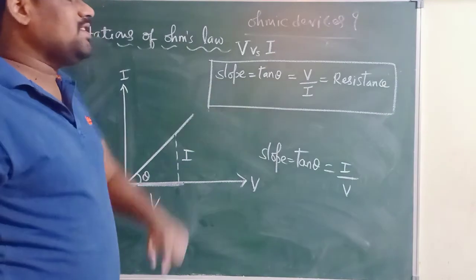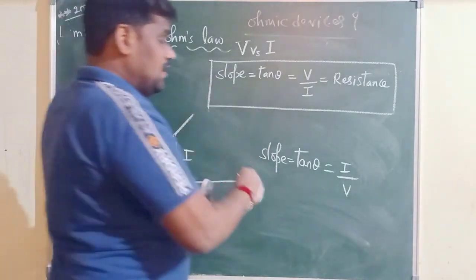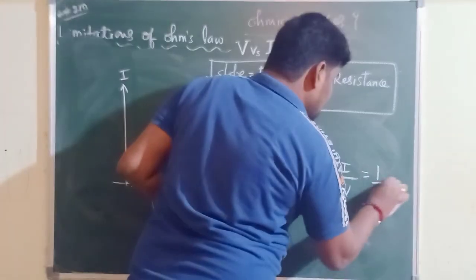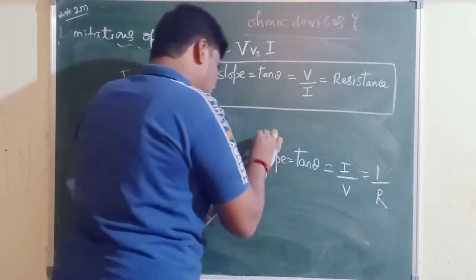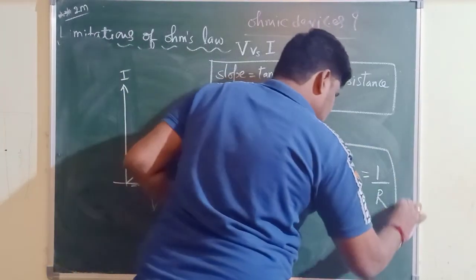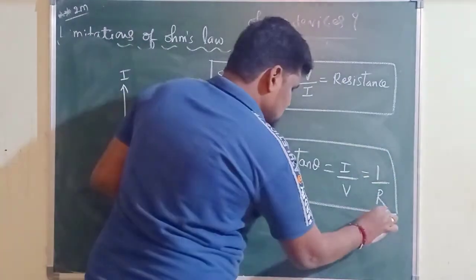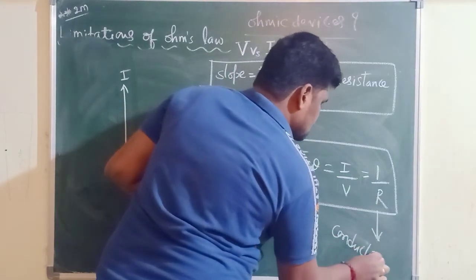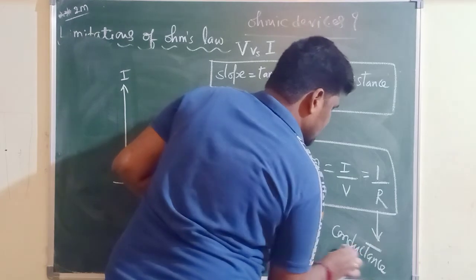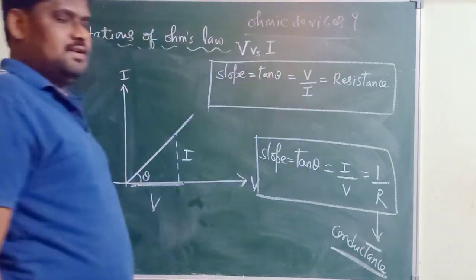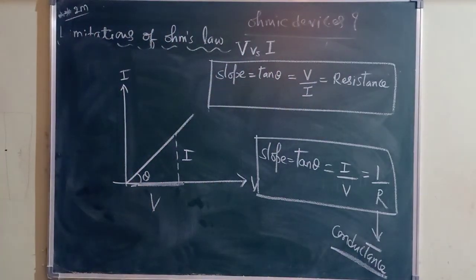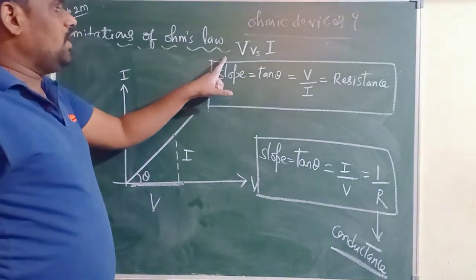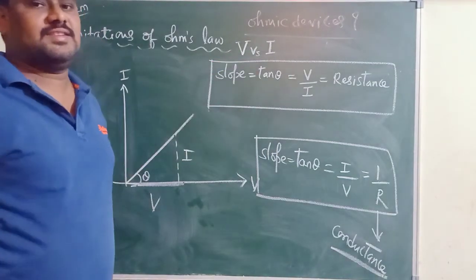V by I is resistance. Then I by V is 1 by resistance, that is the reciprocal of resistance. The reciprocal of resistance we call conductance. Concentrate. The slope of the V versus I graph is resistance.